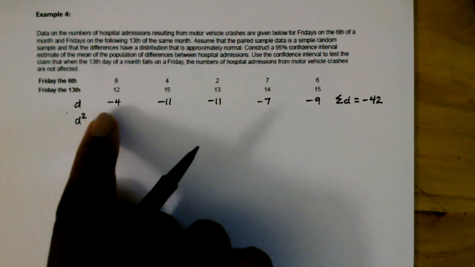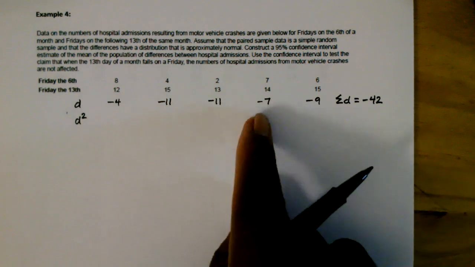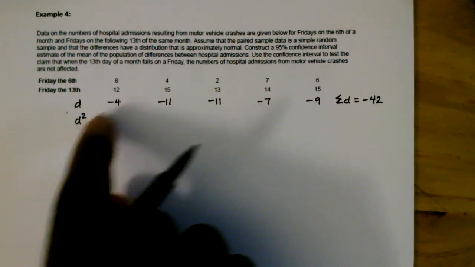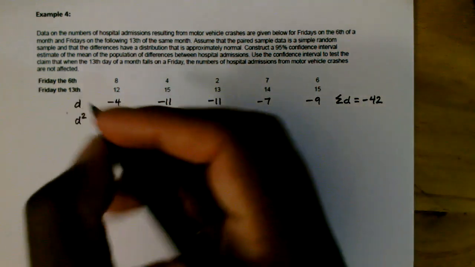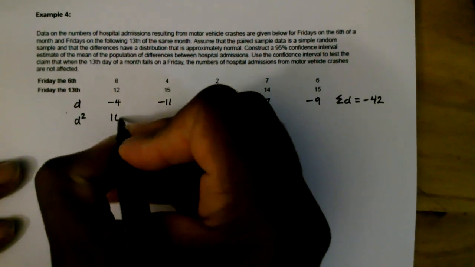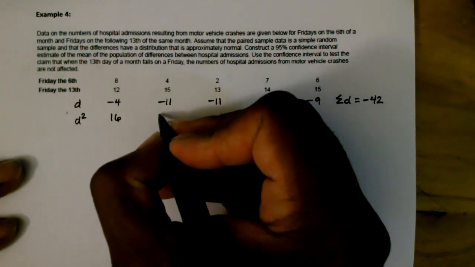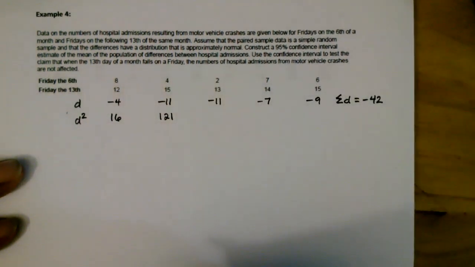Now for the D squared, I'm going to square each of these numbers. Anytime you square a negative, you're always going to get a positive. So like 4, if I square it, that's negative 4 times negative 4, that's 16. For negative 11, that's negative 11 times negative 11, or negative 11 squared, 121.